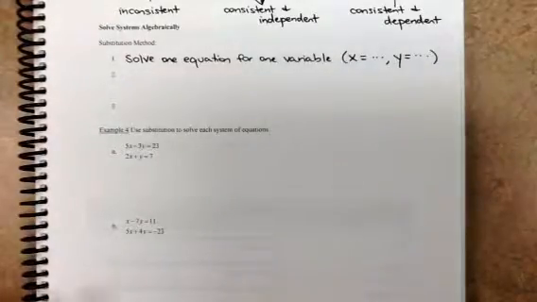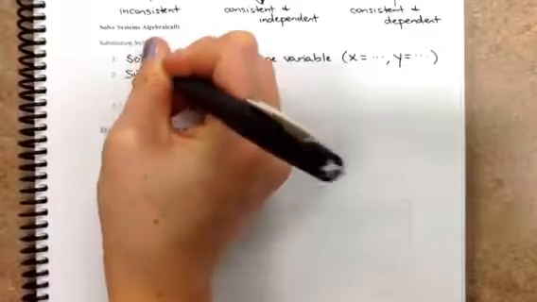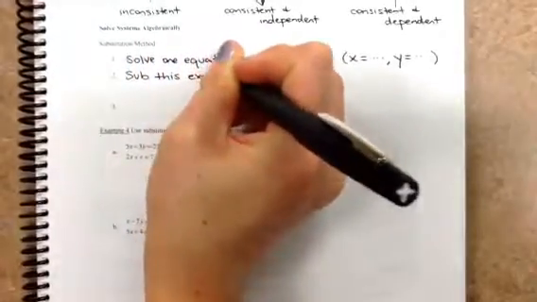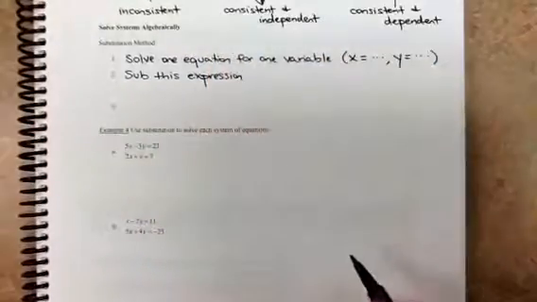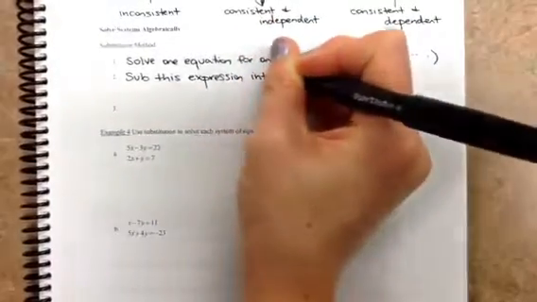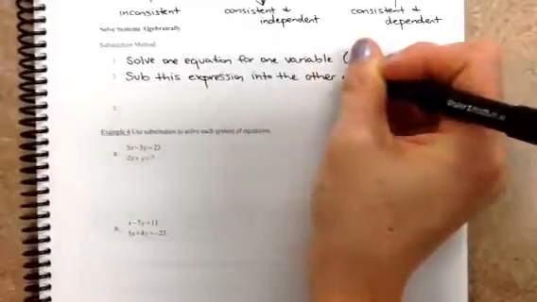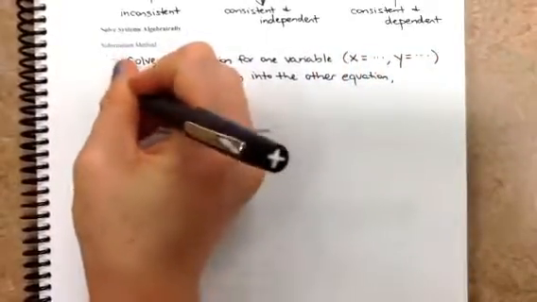Next step is to sub this expression, so substitute this expression. If you get x equals some expression, you want to sub that expression into the other equation. Then solve.